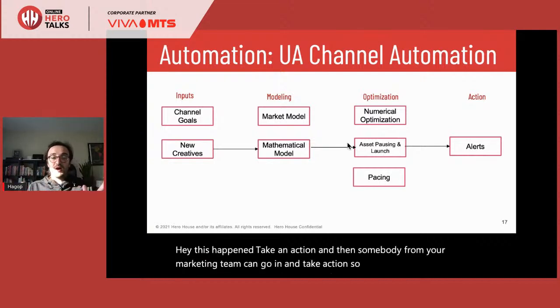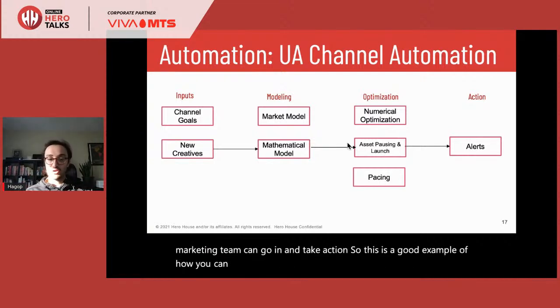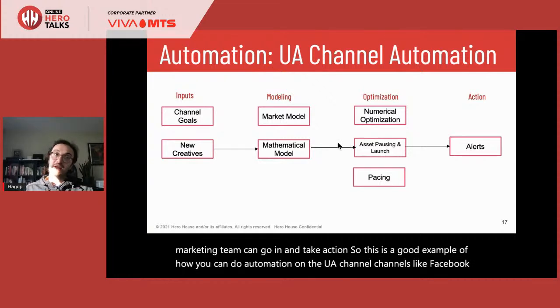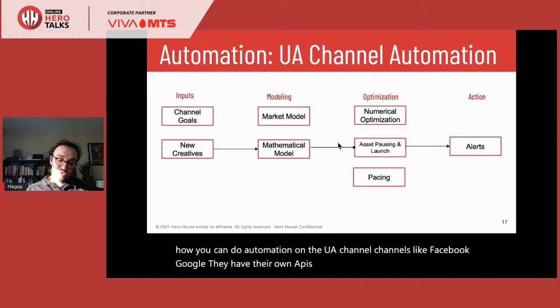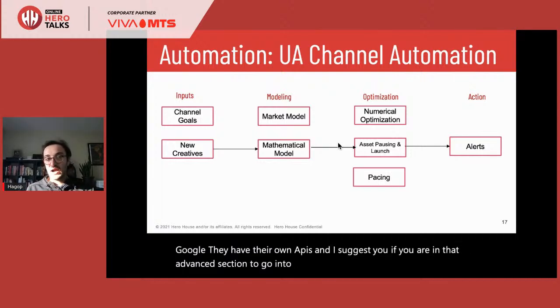So this is a good example of how you can do automation on the UA channel. Channels like Facebook and Google have their own APIs, and if you are in that advanced section, I suggest you go into their API and understand how to do some of that automation.